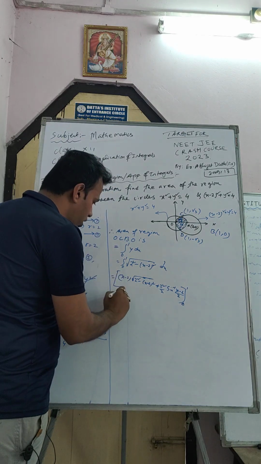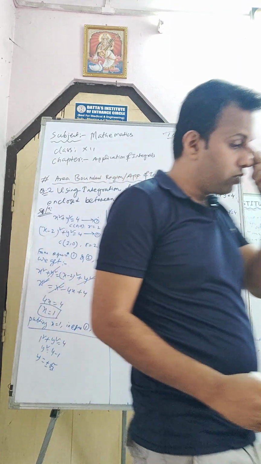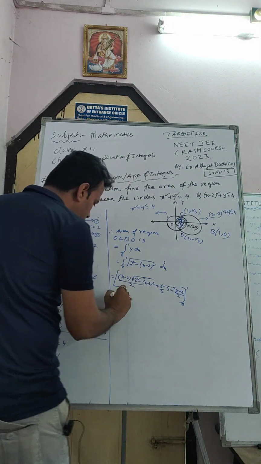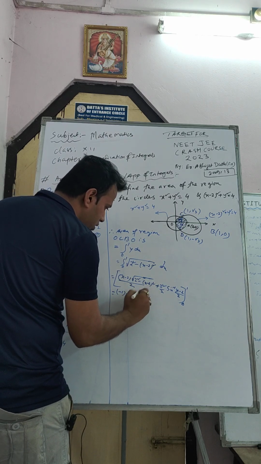Now just put the upper limit here: the value of x minus 2 will be minus 1, and here it will be 4 minus 1.